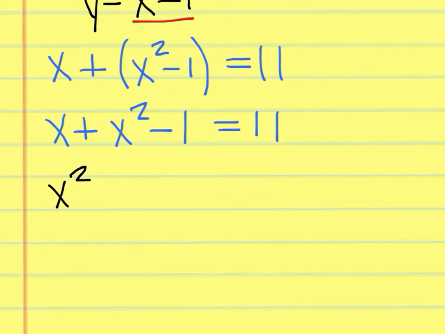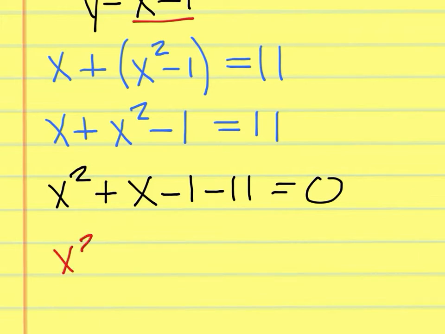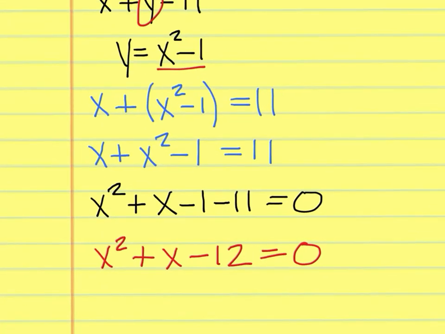It still stays on the same side, and then trade places with that x. But you have a minus 11 that's going to come over from the right side and join that minus 1. x squared plus x minus 12 equals 0. And that is the quadratic equation that you're going to have to solve to get the values for x.